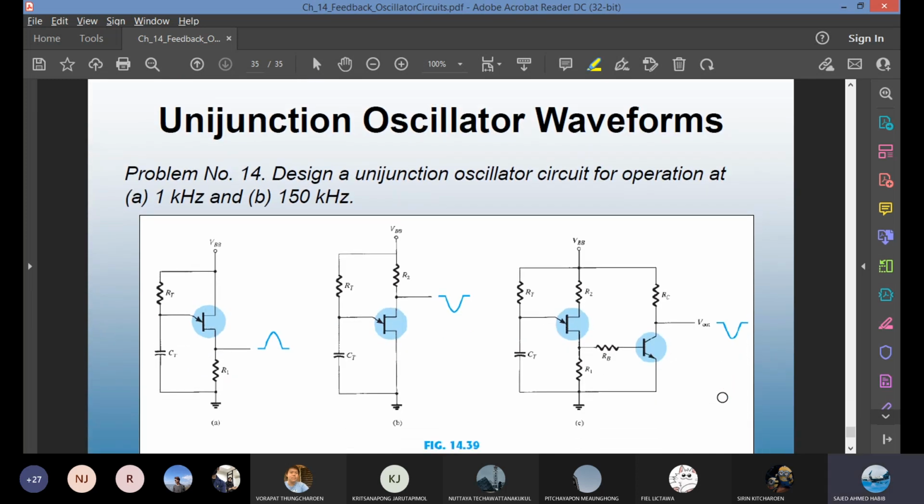Here's a design problem. Maybe we could try it now, or maybe even in the next class. But you need to know some other term for unijunction oscillator. This is the end of the feedback and oscillator chapter.